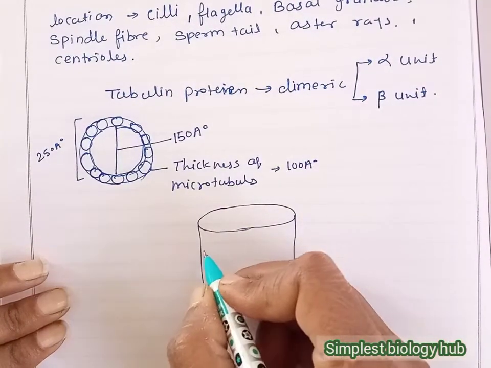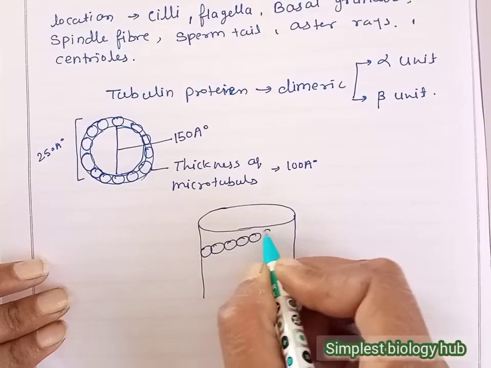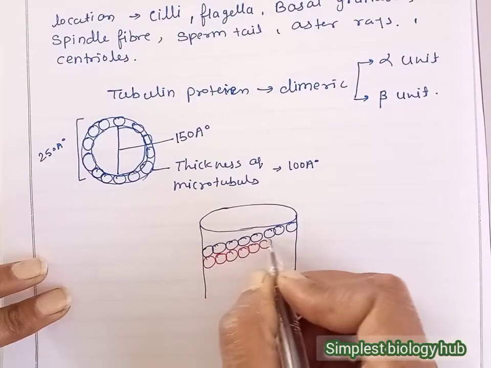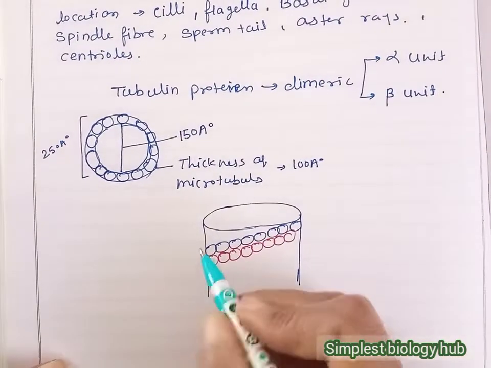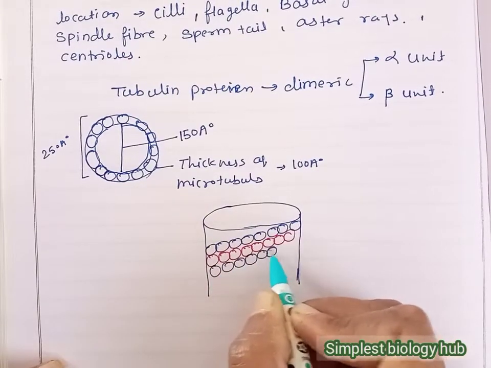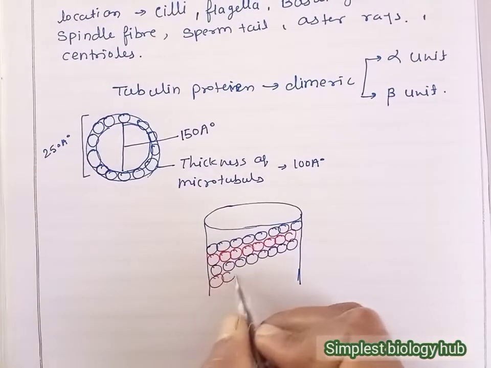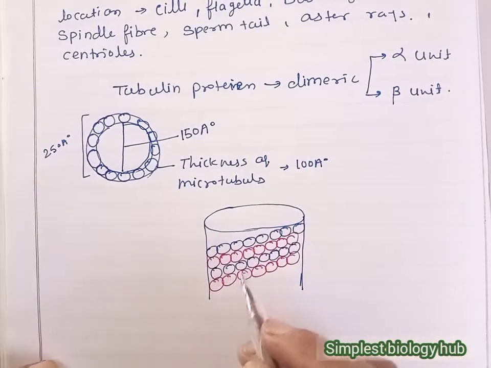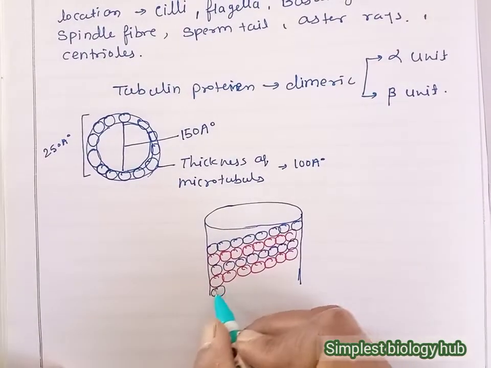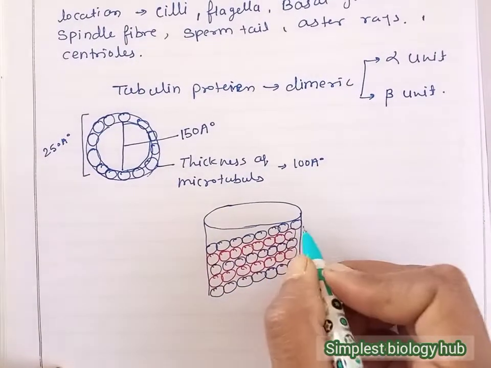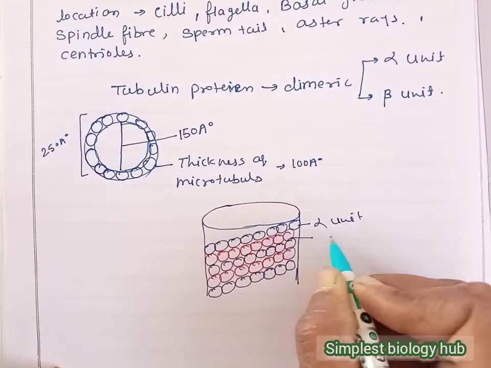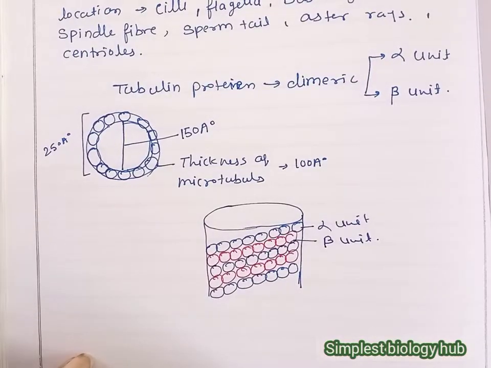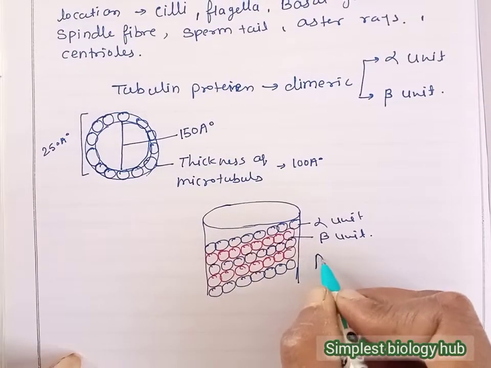These are the alpha protein, located in this pattern, and just below, the beta tubulin part is located, and they form a band-like structure. So these are the alpha units, and this red color is the beta unit. They are alternately arranged to each other, and that arrangement we call the protofilament.